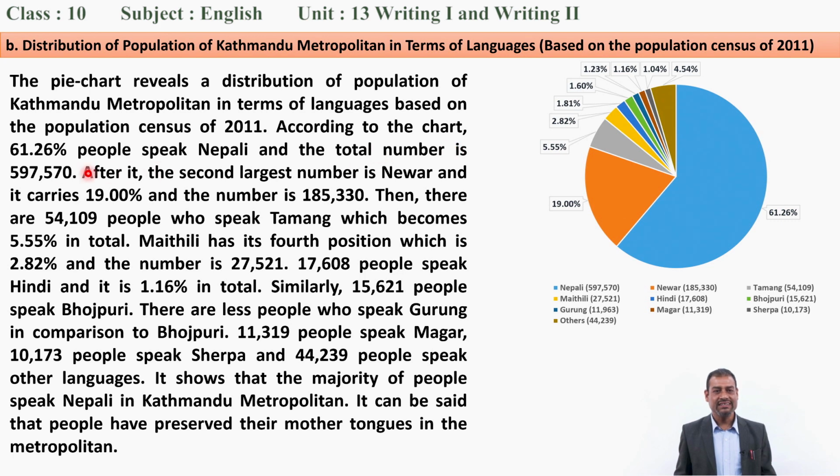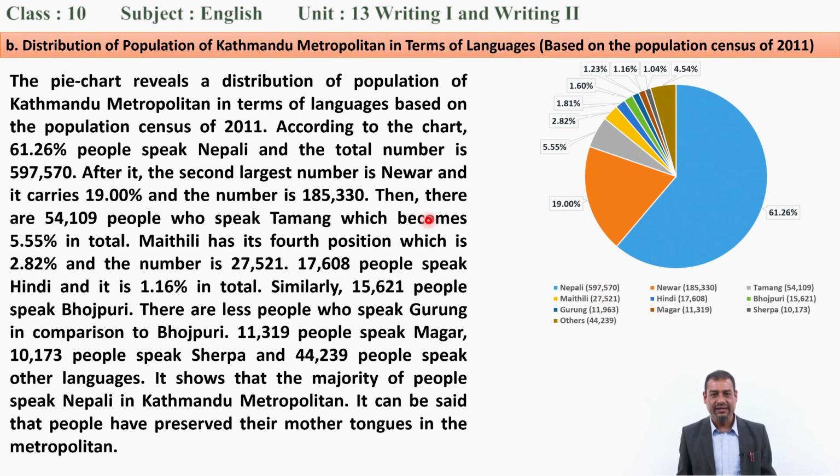According to the chart, 61.26% of people speak Nepali and the total number is 59,770. After it, the second largest is Newar and it carries 19%, and the number is 1,85,330. See, this is what you can find here: the percent and the number.